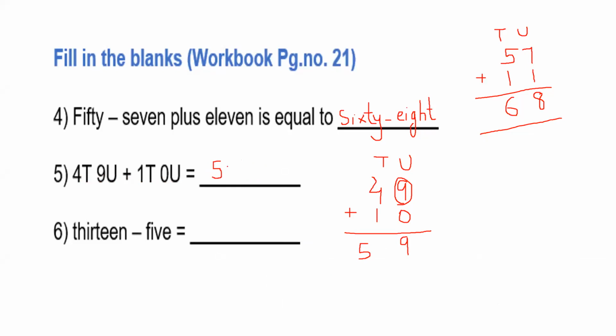So how you will write 59? 5 tens 9 units. Understood? 4 tens 9 units plus 1 ten 0 units is equals to 5 tens 9 units. That is 59. Any doubt in this question? Any doubt? Okay. So let us move on to the next question.